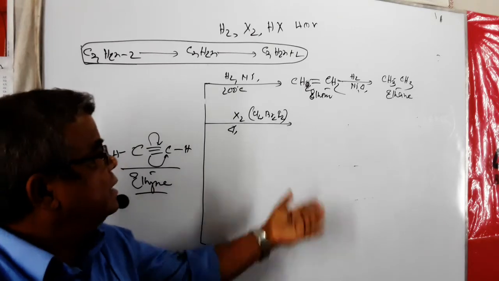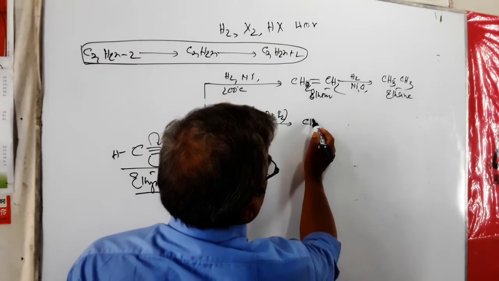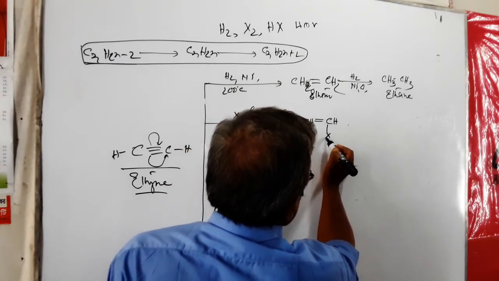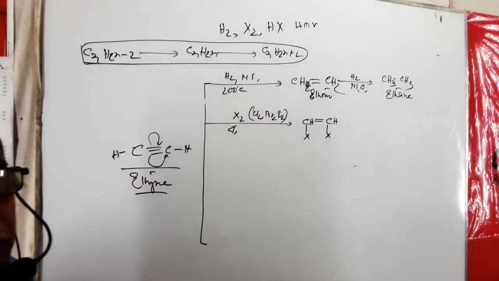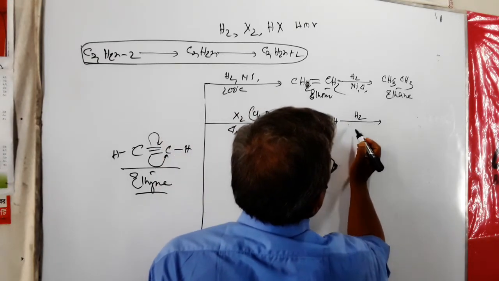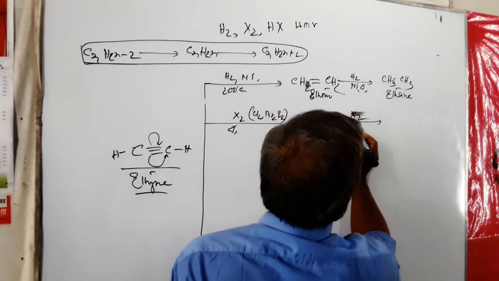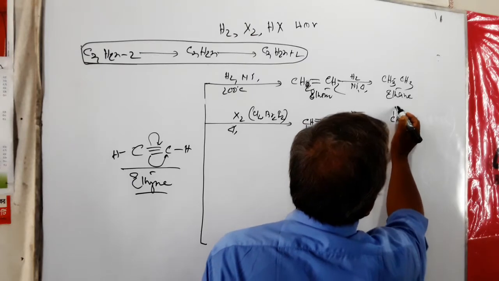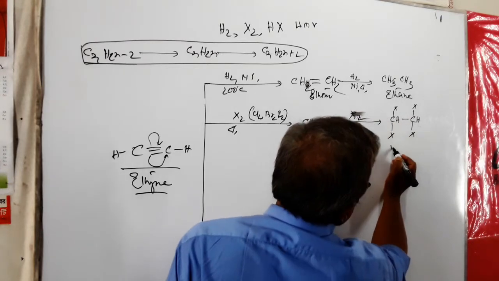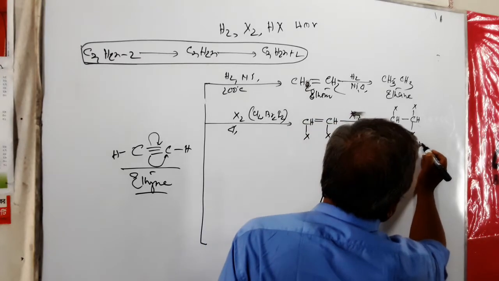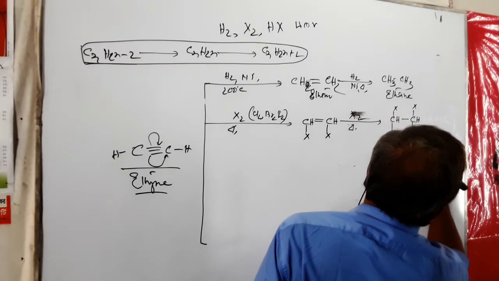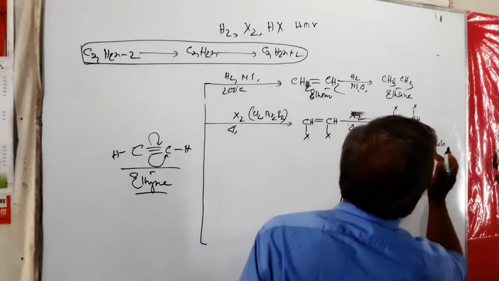First, 1,2-dihaloalkene, and then again halogen, then it is 1,1,2,2-tetrahaloalkane, that is ethane.